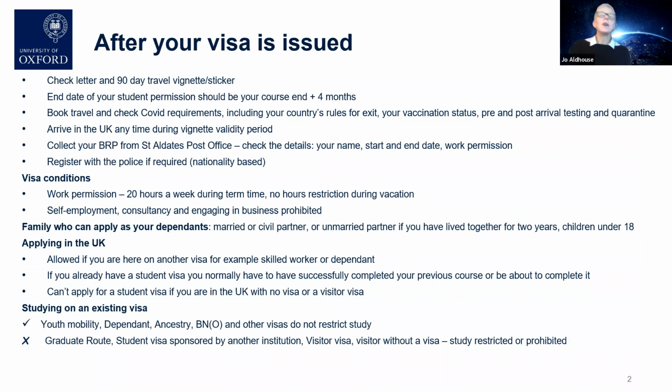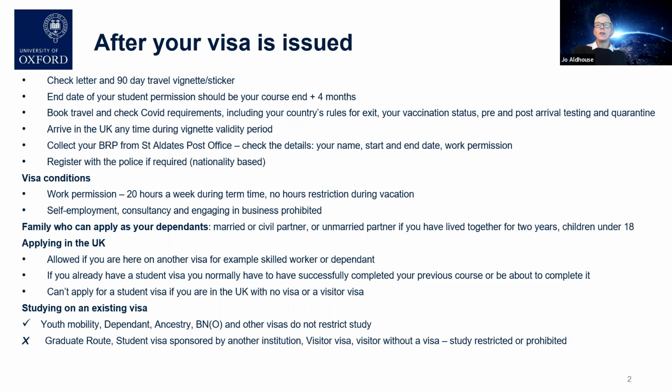Cheers. So after your visa is issued, check the letter with the decision information. They have had a habit of sending out rather non-specific letters rather than your individual details. But if you do get details like start and end dates on the letter, check that they're correct. And check your 90-day travel vignette or sticker.